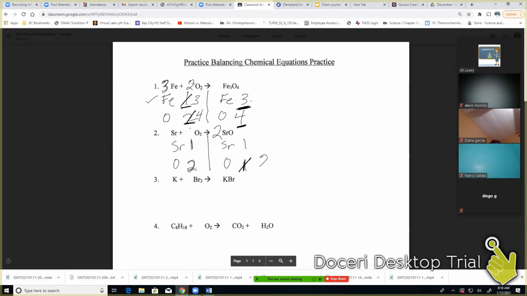It changed my oxygen to 2, but it also changed my strontium to 2, right? And that's usually how balancing works. So now I have 2 strontium over there and only 1 here. So put a 2 here, and then it gets balanced. Everything's done. 2, 2, 2, 2. And once you put a 2 here and a 2 here, it is balanced.